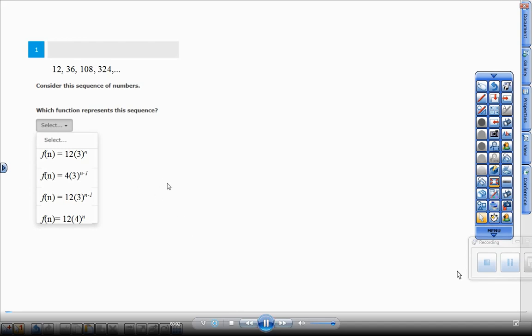Number 1. What I'm looking at here is that these are being multiplied by 3. That makes this exponential, geometric, timesing by 3. First term, second term, third term, fourth term, which means the 0 term is dividing by 3 to the left, or timesing by 1/3, which is the same as dividing by 3.